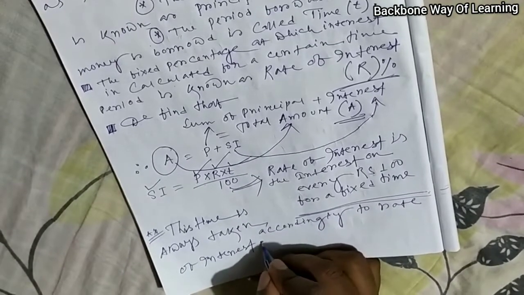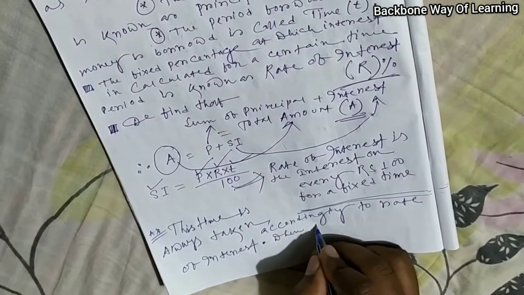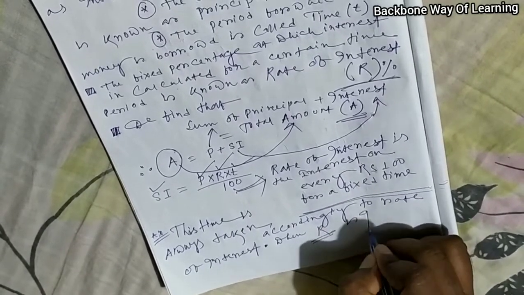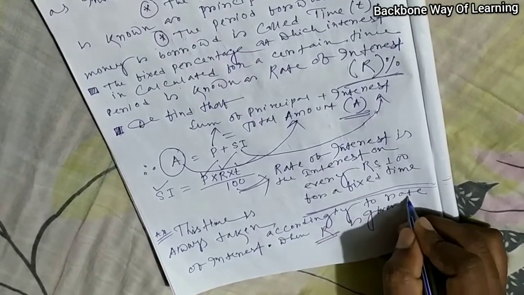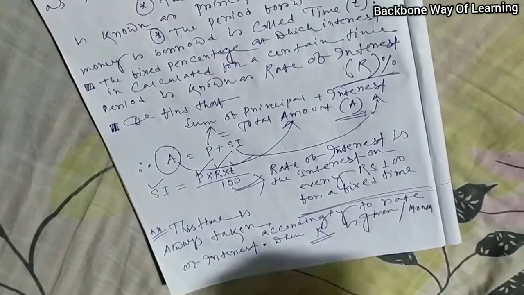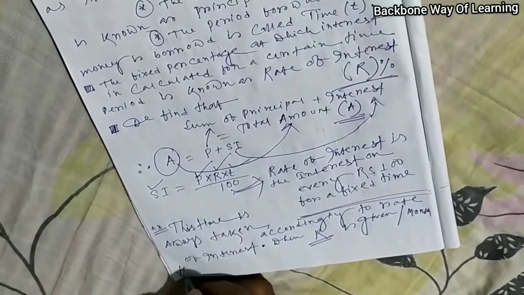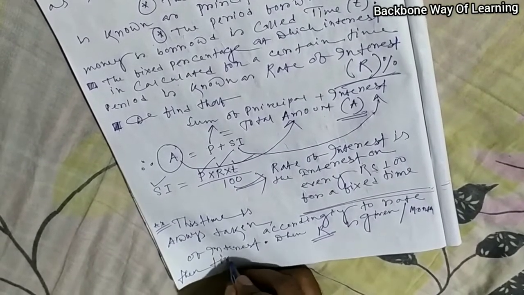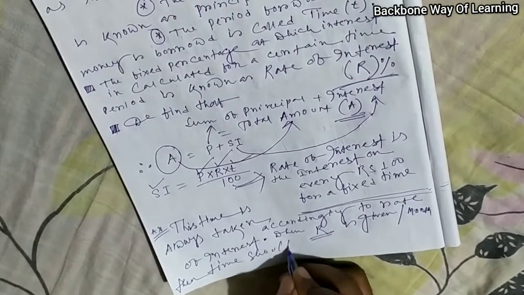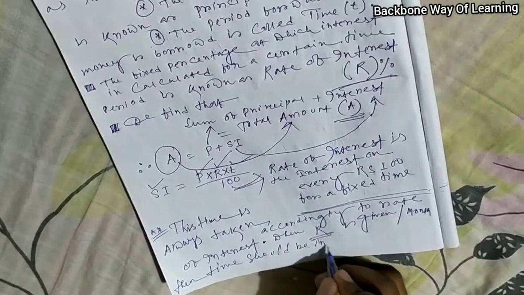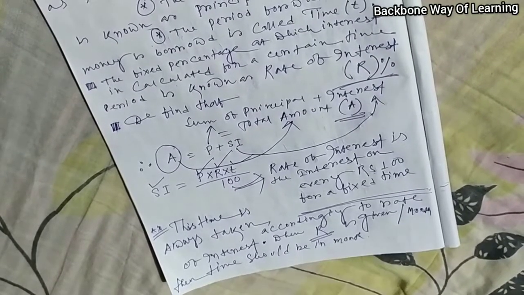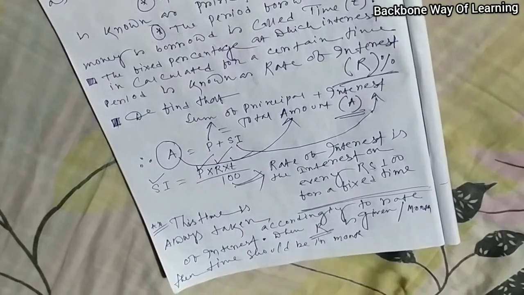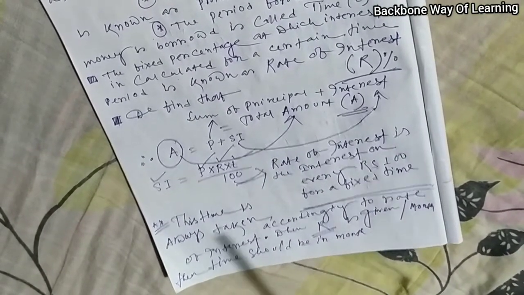When rate of interest R is given per month, then time should be in month. When rate of interest is given per year, then time should be in year.